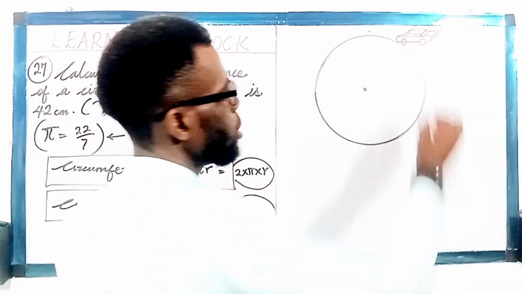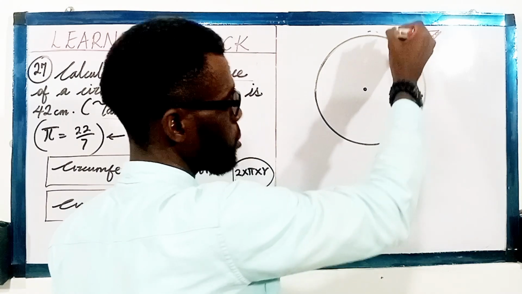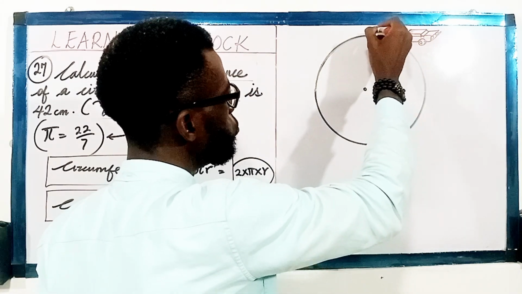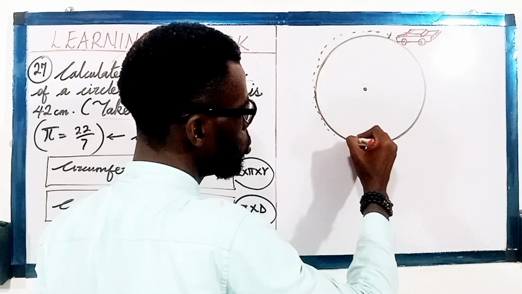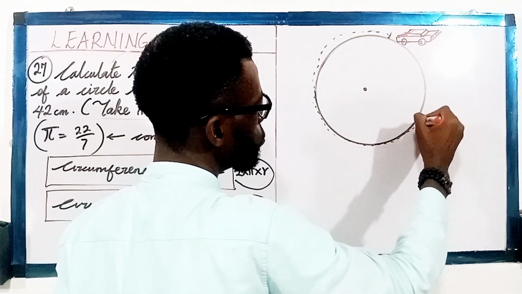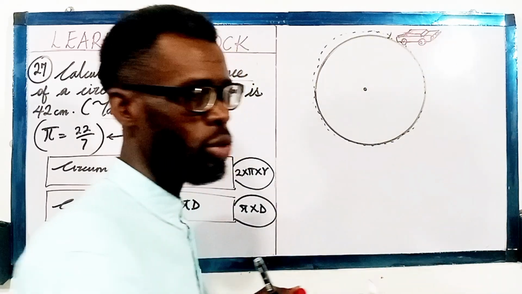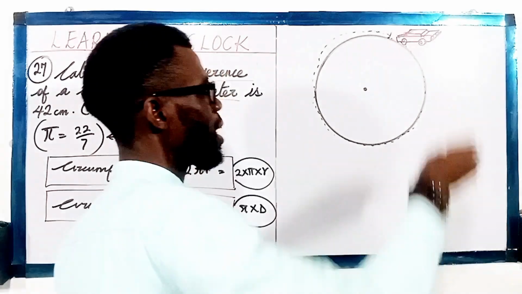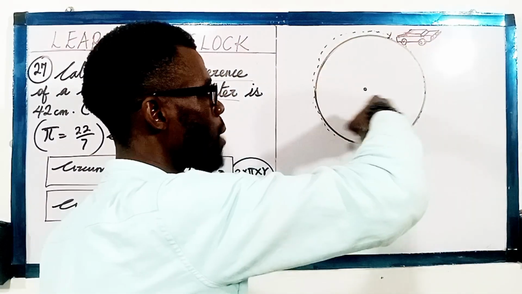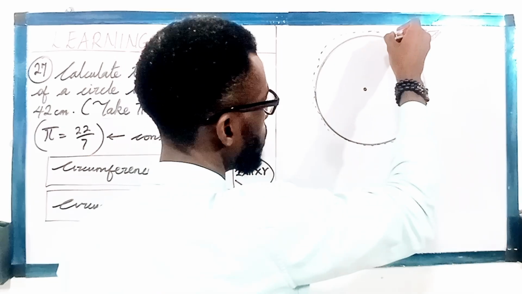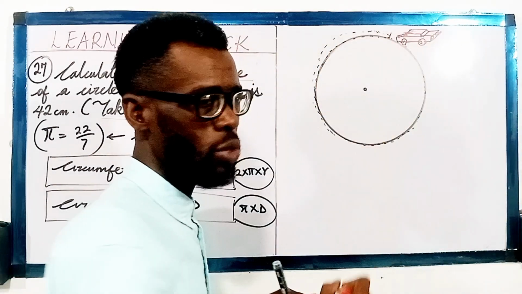It starts from here, by the side of the circular field, and moves right on it, maintains, and stops. What has it just done? It has circumferenced. It has gone around. It started from here and moved all around. That's the circumference of a circle.